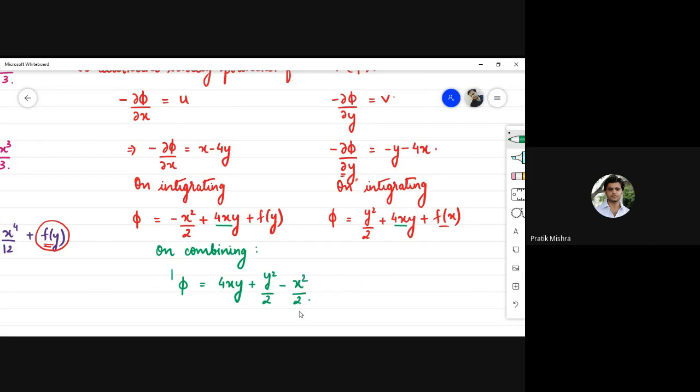So this is your final expression of your velocity potential function.